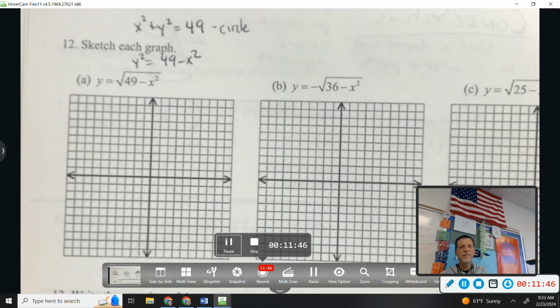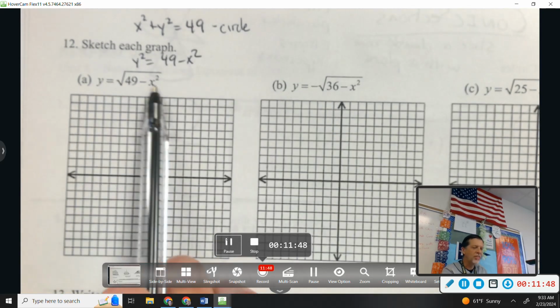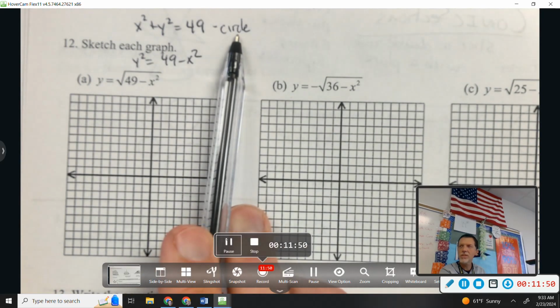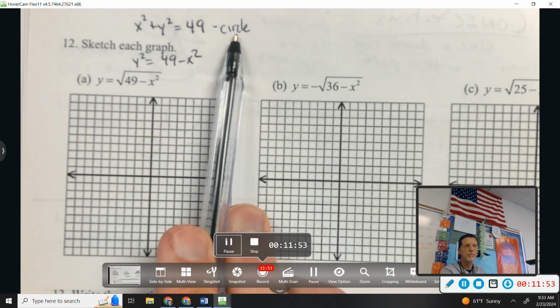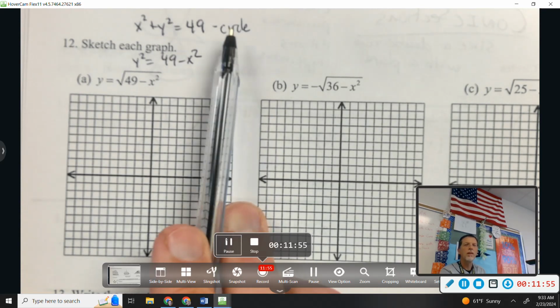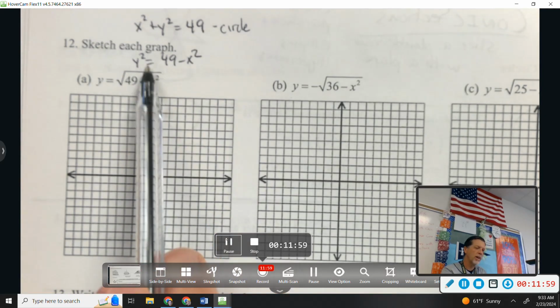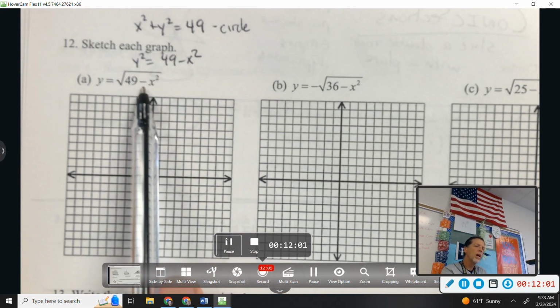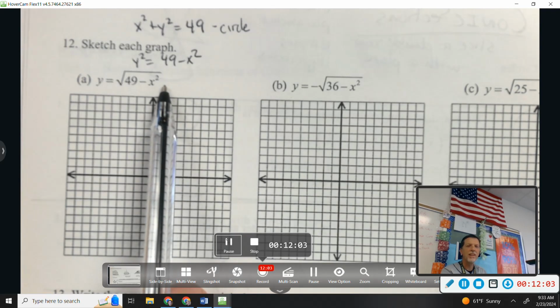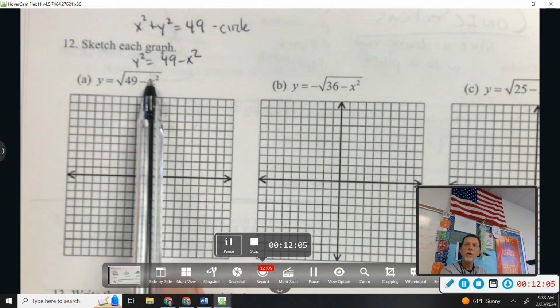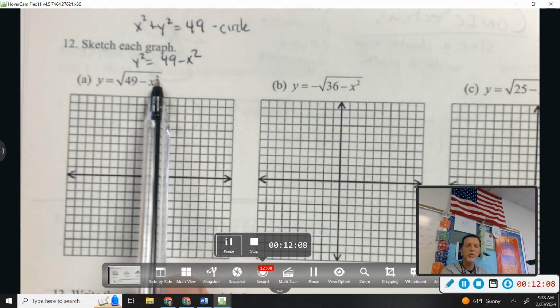But you know how this is going to be different from the circle? Let's think about moving this backwards. So I move the x squared over, I square root both sides, and if you look at B, you might see the hint here. When you put the square roots on, what are you supposed to do?